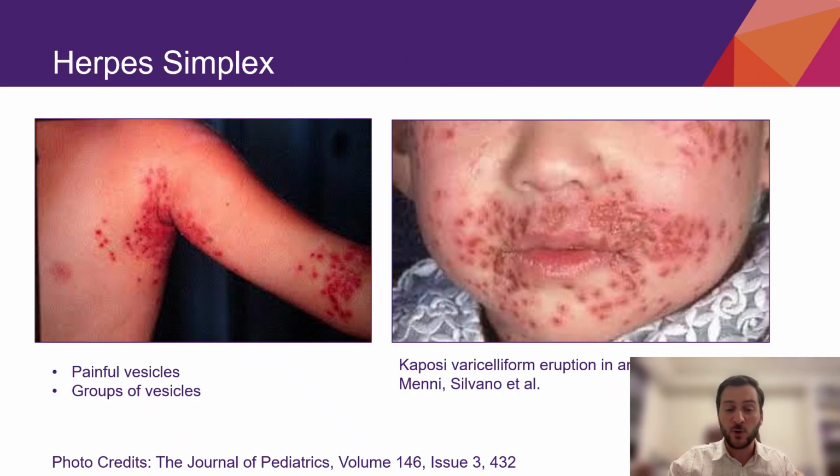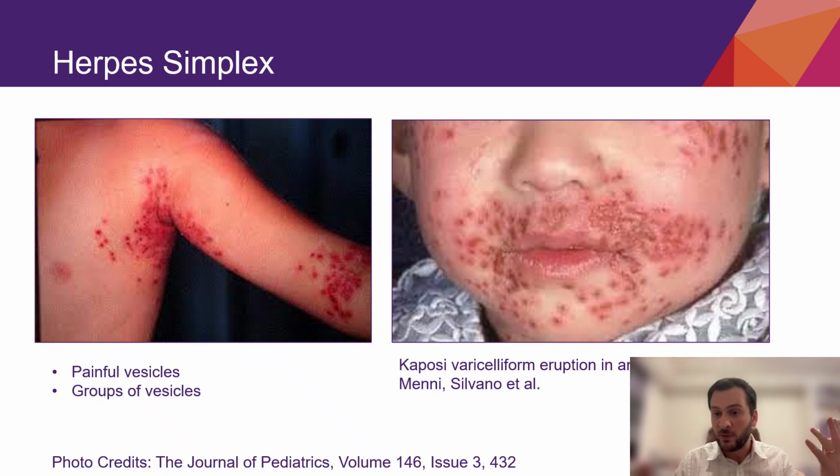Herpes simplex. Well, this is a very common viral infection, and it rarely mimics GPP, as most herpes infections are localized. However, in some special scenarios, for example, Kaposi's varicelliform eruption, particularly in immunosuppressed patients, you can have widespread vesiculopustular lesions, and they may resemble pustular psoriasis.